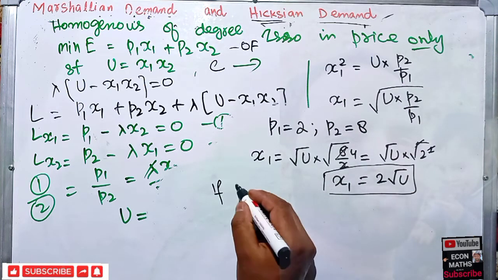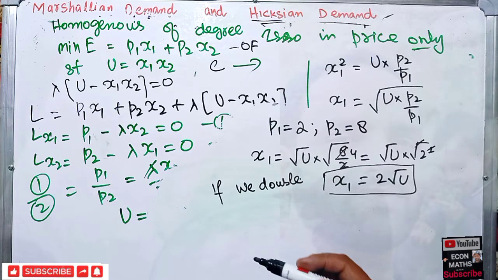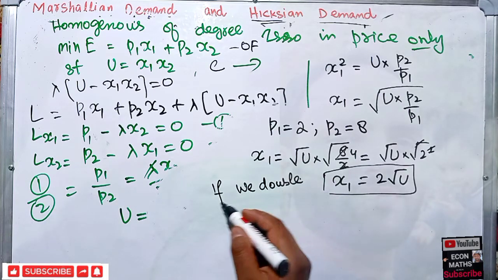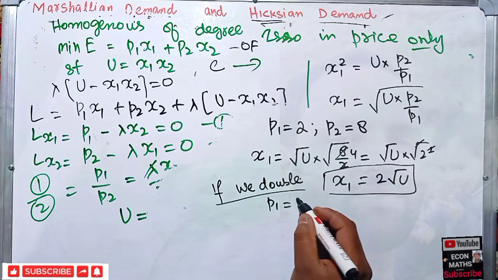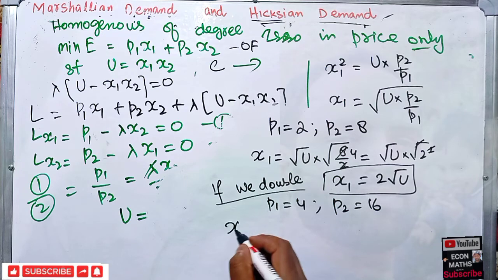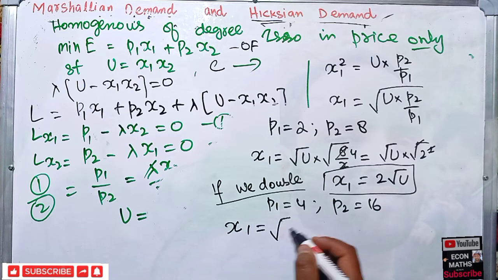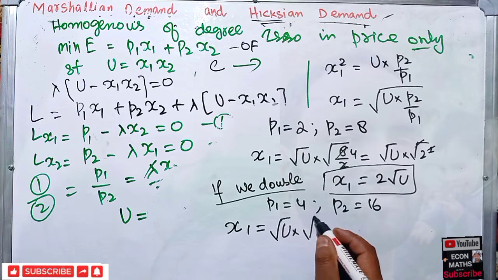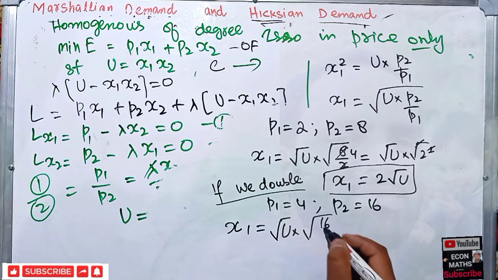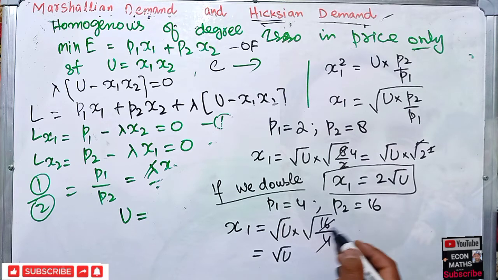Now if we double, that is, if we change the prices in the same proportion, if we double the prices, p1 would become 4, p2 would become 16. Then our demand would become u times p2 is 16 divided by p1 is 4, so here we can see it is the same: u times 4 ones are 4, 4 fours are 16.